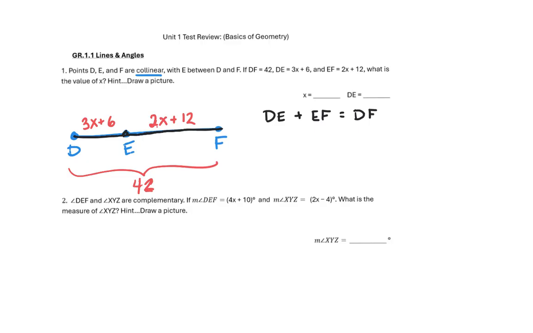All right. So since DE is worth 3x plus 6, I'll say, all right, DE, you're 3x plus 6. EF is worth 2x plus 12. So I'll substitute that with 2x plus 12.